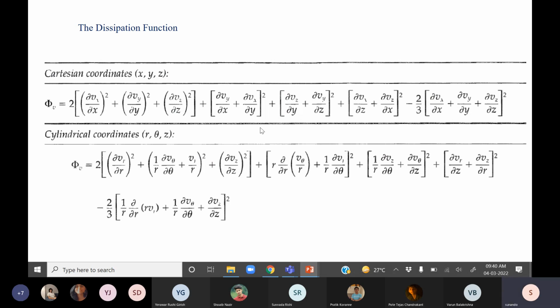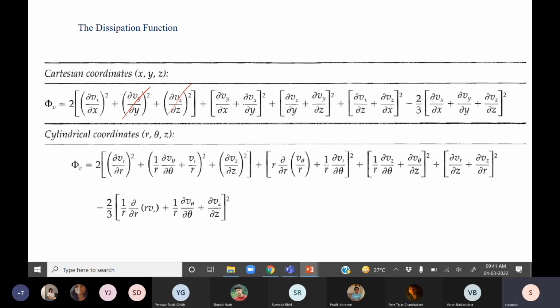Of this, which one do you think is going to be predominant? First of all, there is no Vy, so this term would be 0. There is definitely a Vz, but the Vz is not a function of z, so this term will also not be present.